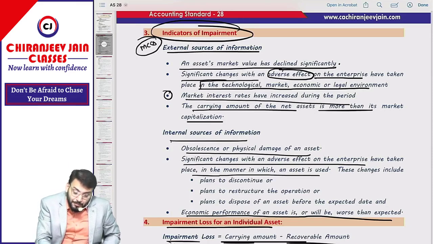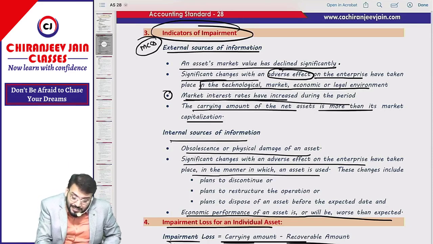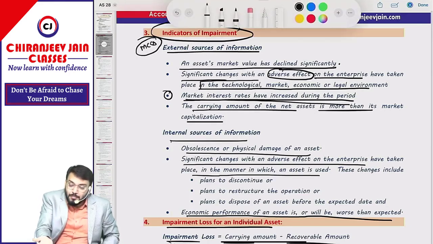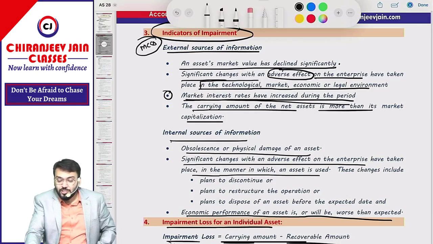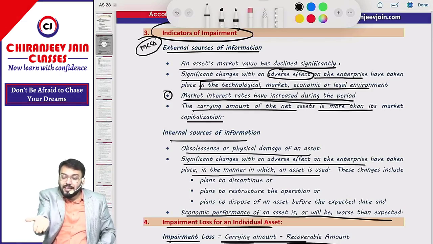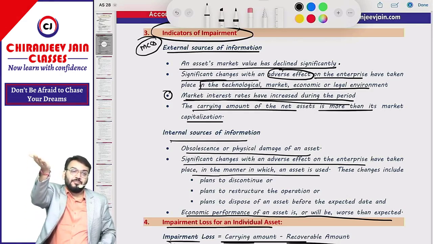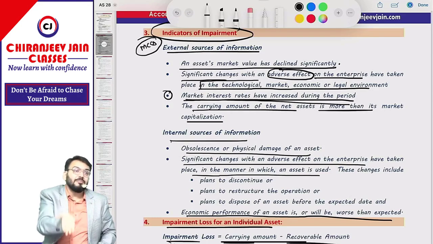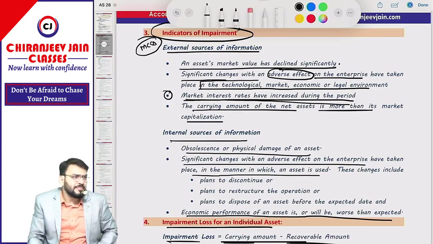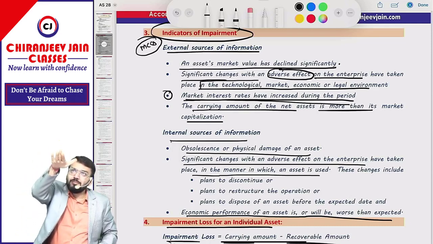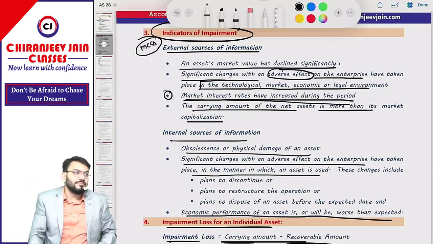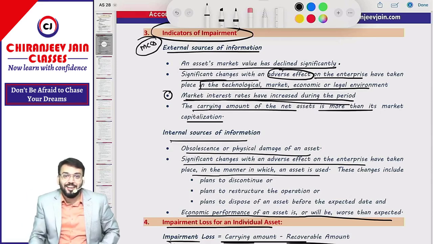Understood? Then, the market interest rate has increased during the period. Now just try to understand. If market rate of interest increases, my question to you, will present value increase or decrease? अरे मैंने ऐसे क्या decrease बोल दिया?